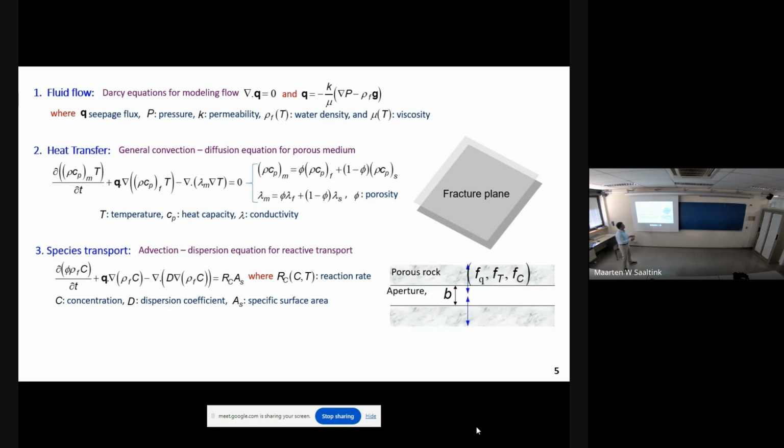In a fracture, one way of doing it is to have the depth-integrated equation for all of this, and consider the exchange of fluid, heat, as well as species. The alternative is to consider the fracture also as a thin equivalent porous medium. Then you do not need to separately consider the exchange of fluid, species, and heat. It automatically takes care of it.